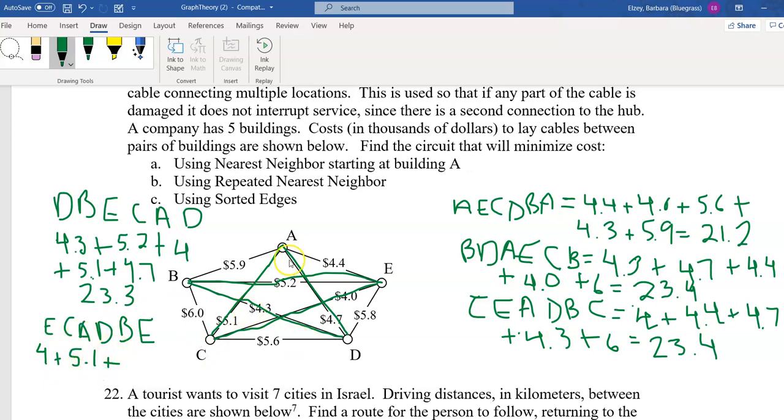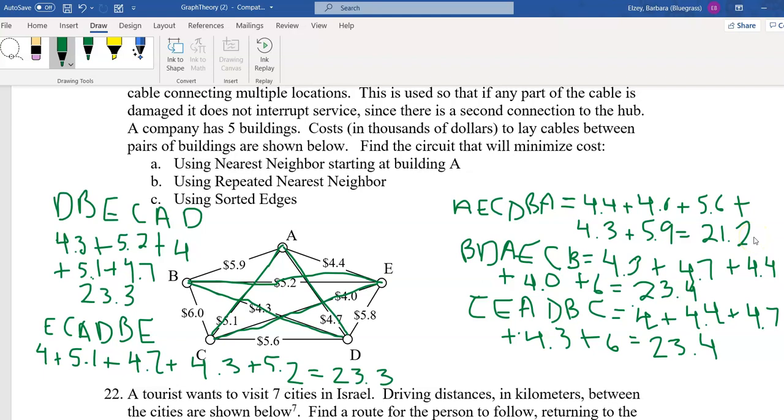A to D was 4.7. D to B was 4.3. And then B to E is 5.2. Let's add that up, see what we've got. And this is 23.3.